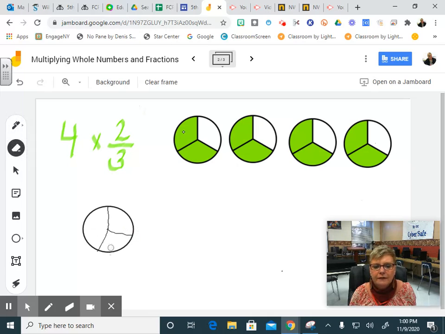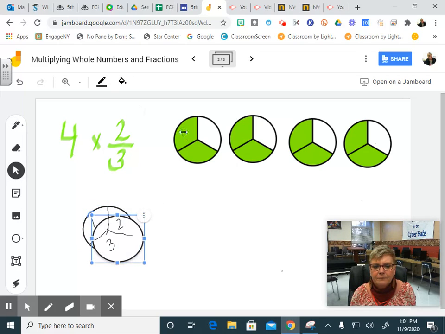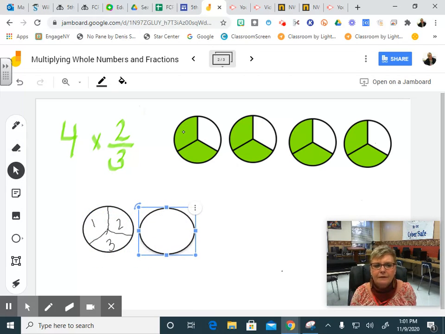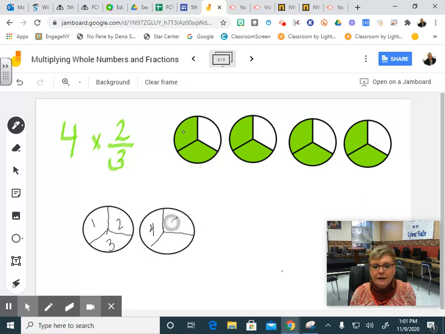Oops, it's a little crooked, isn't it? Now I've got 1, 2, 3. Oh, I said I had 8, so I'm going to have another one. I want to stretch it. 4, 5, 6.